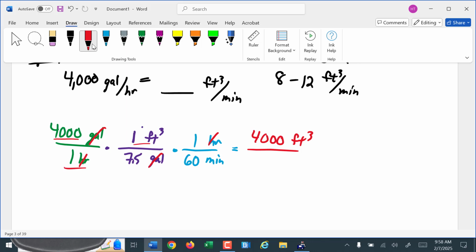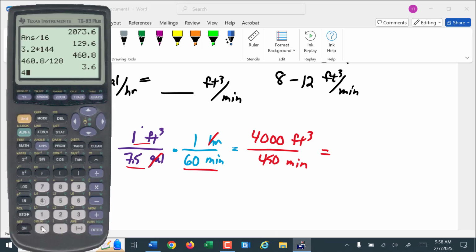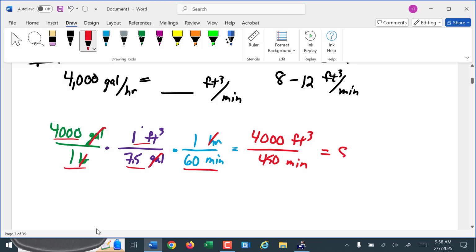On bottom, 1 times 7.5 times 60 minutes is 450 minutes. So we have 4,000 divided by 450, about 8.89 cubic feet per minute. So that is on the very low end of your standard range.